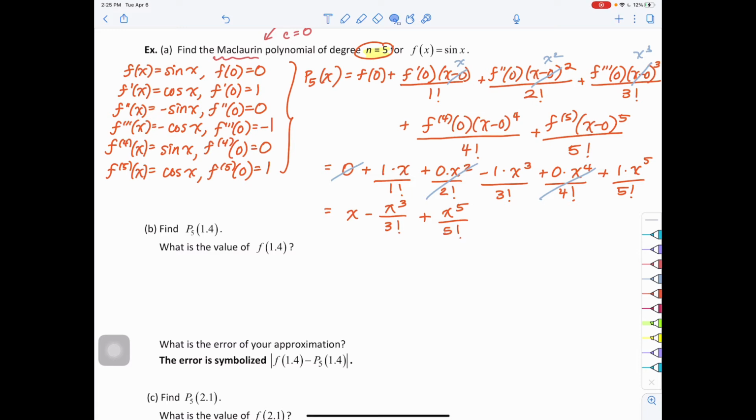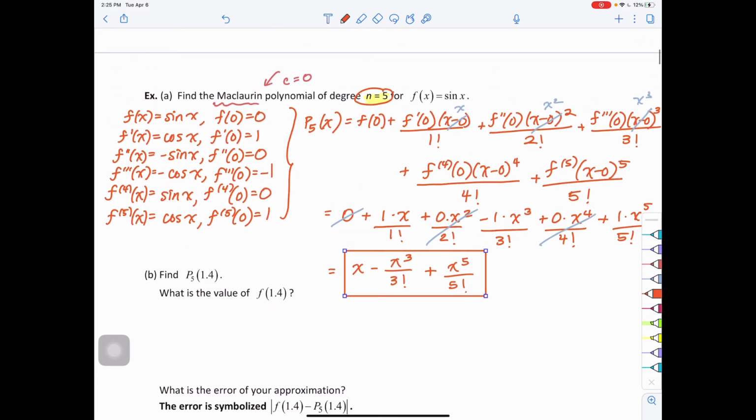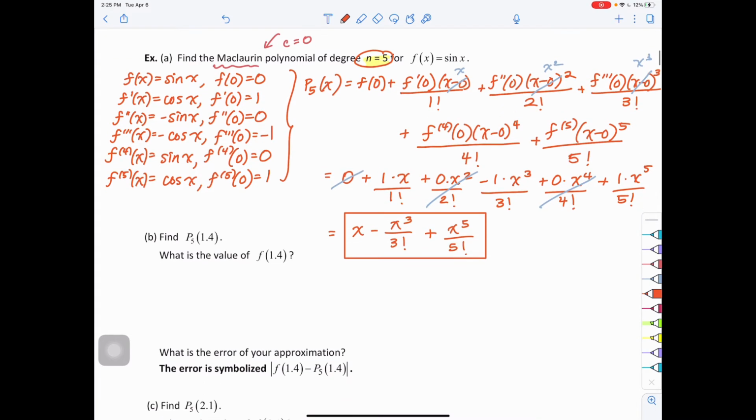So it's kind of a neat thing because it simplifies beautifully, and that's what we get. And there is your Maclaurin series degree 5 for f of x equals the sine of x.